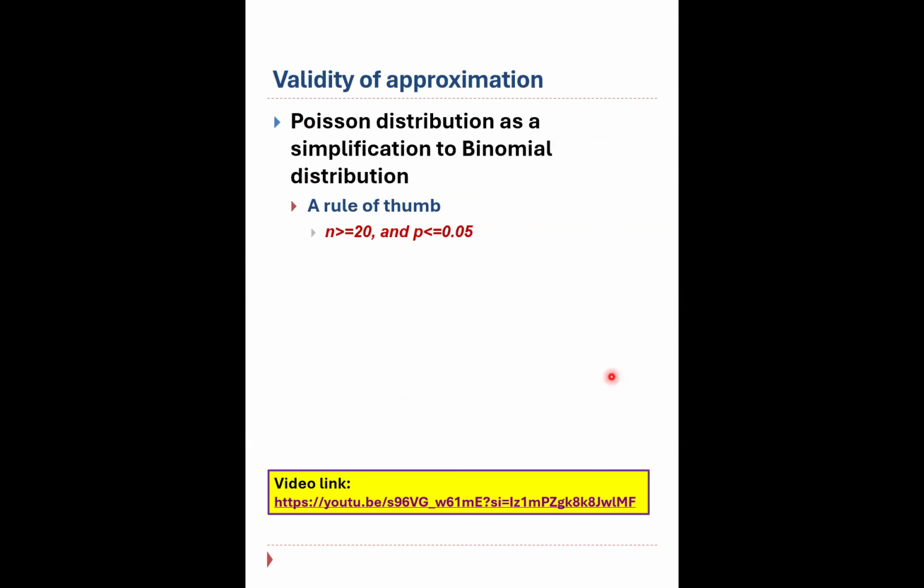This is about the modality of the Poisson distribution expression, that it turned out to be a mathematical simplification of binomial distribution for the cases when n is large and probability is small.